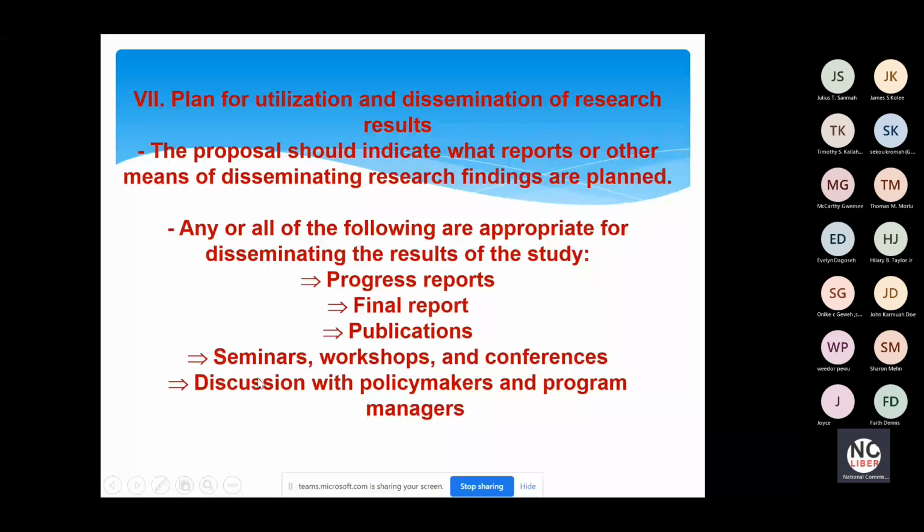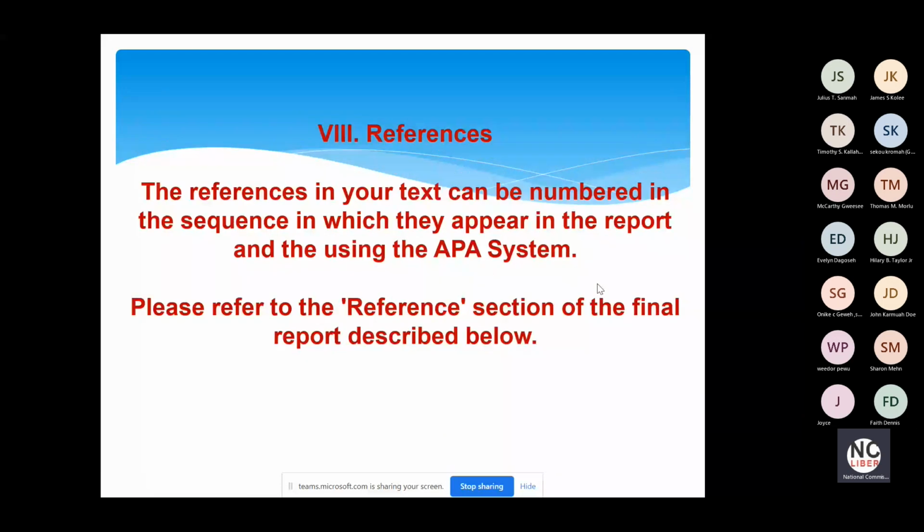Then from there, we'll do the referencing. For the purpose of the referencing, we said for now you use the APA, and we also said that we're going to use a reference manager that will help us to be able to do it.